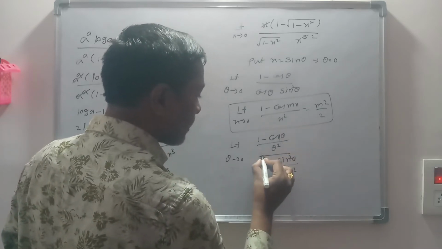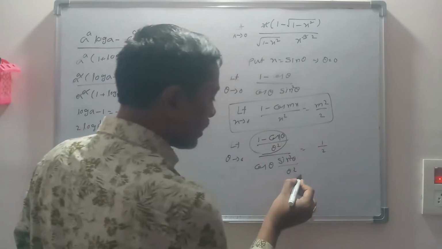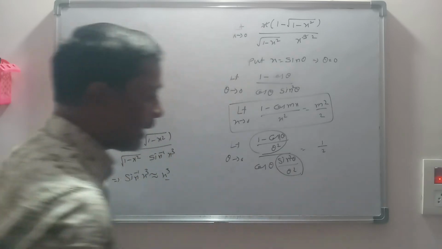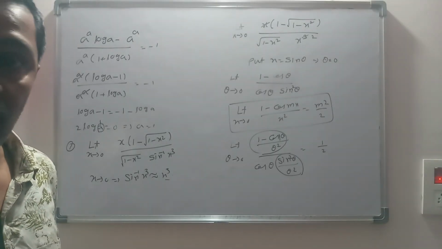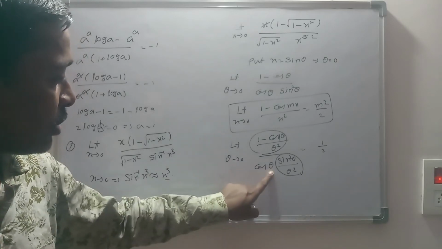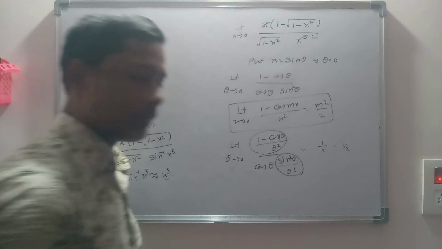Coefficient is 1. What is the limit of the first term? 1 by 2. The limit of sin square theta by theta square is 1. Put theta equal to 0, cos theta is 1. That is, the answer is 1 by 2.